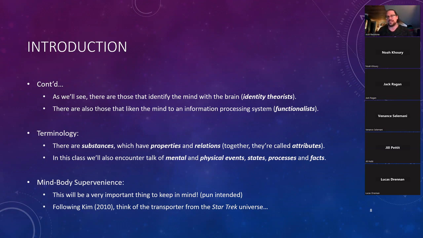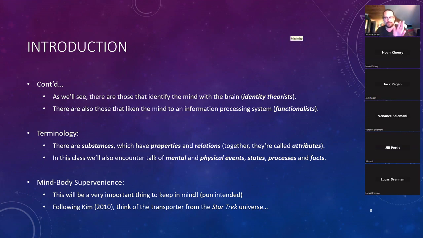Or I could implement a mind in a computer, perhaps. And what matters is not what it's made of, but the information processing steps that are happening within the system. That's functionalism, and that idea that we can implement minds in different kinds of stuff is multiple realizability.